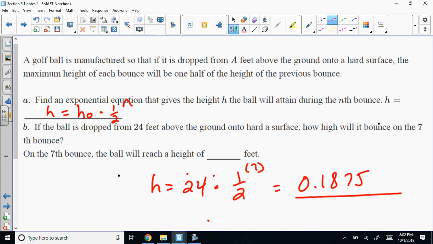Any questions? You'll put the decimal. It should have some kind of variable for you to put as the initial height. Just be aware of that.